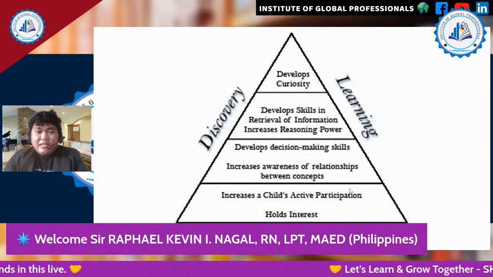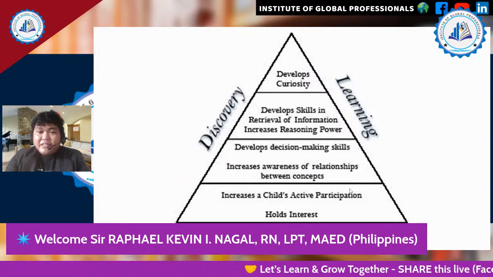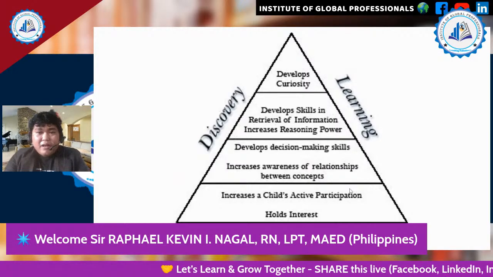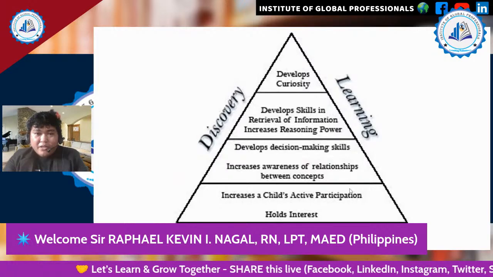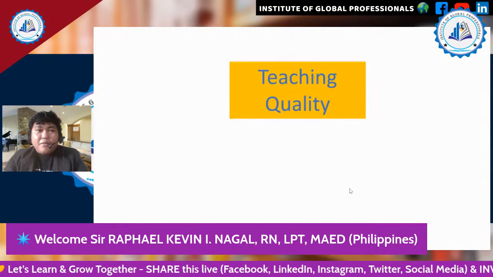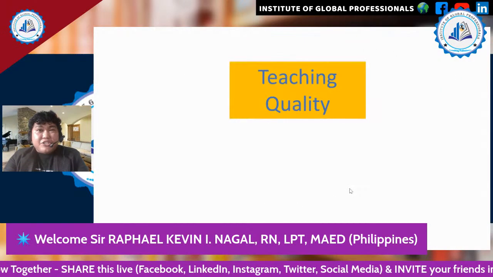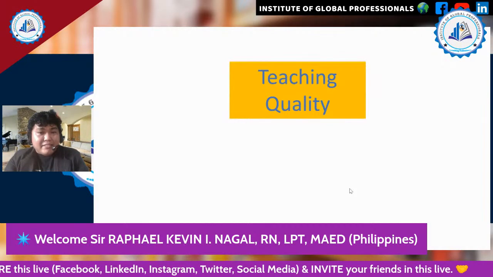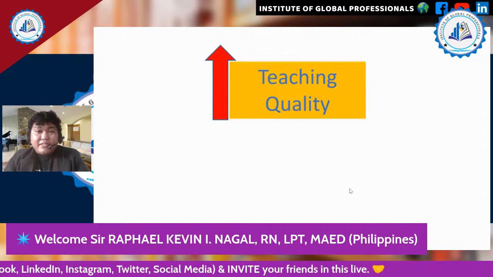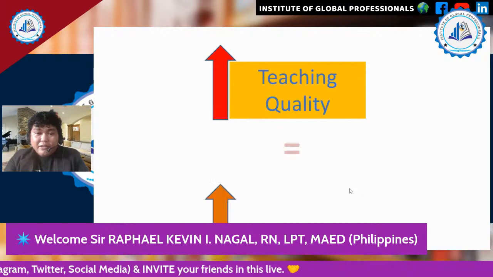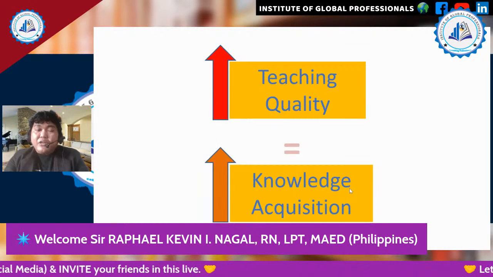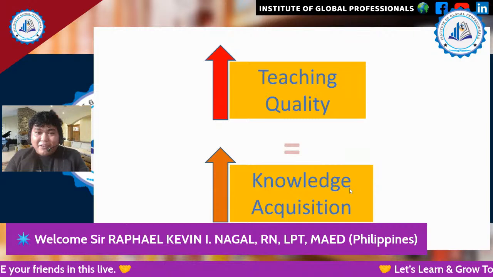All of these, guided discovery and guided learning, are interacting with one another. When you are doing such a strategy, this will enhance teaching quality. And when there is good teaching quality, of course, knowledge acquisition is also better.